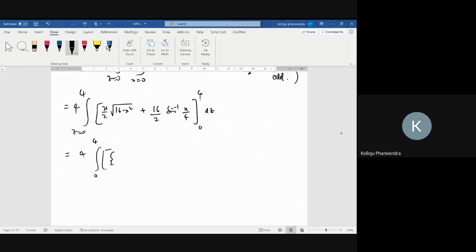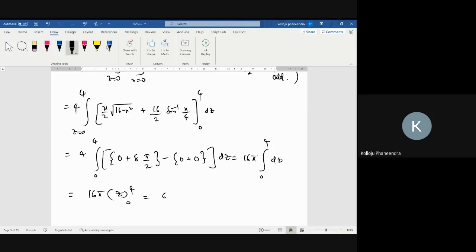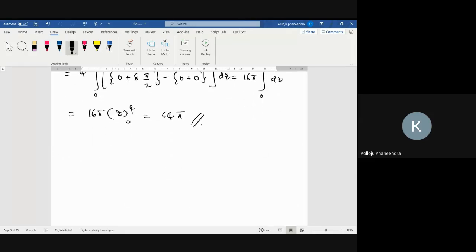First the upper limit: 0 plus 8 into pi by 2, minus the lower limit 0 plus 0, dz. So this is 4 pi. That means 16 pi, 0 to 4 dz. That's it. Right. So 16 pi z between 0 to 4. 64 pi is the RHS value. Evaluation of the volume integral. Now LHS.